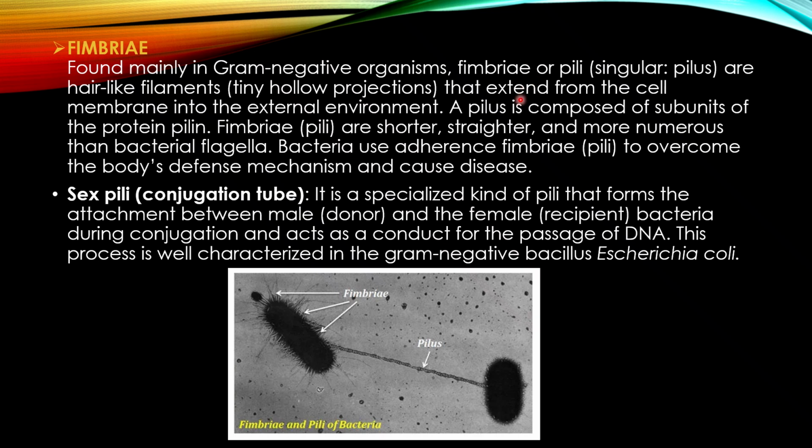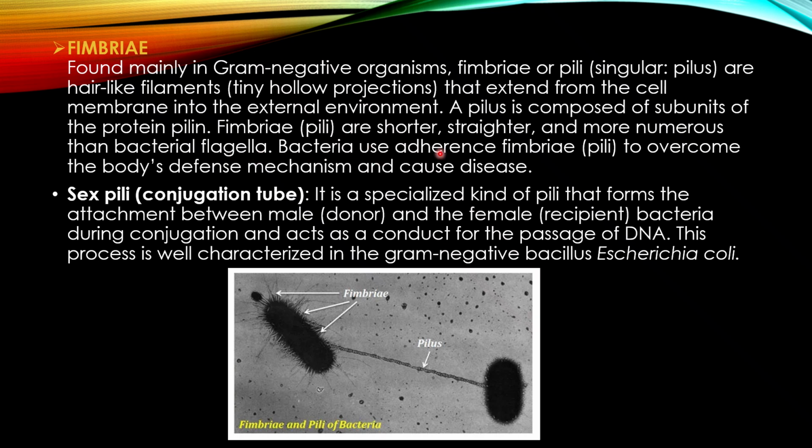Fimbriae are small hair-like structures surrounding the bacteria, and their main purpose is anchorage. They help in attaching the bacteria onto a surface. A pilus is composed of subunits of the protein pilin.